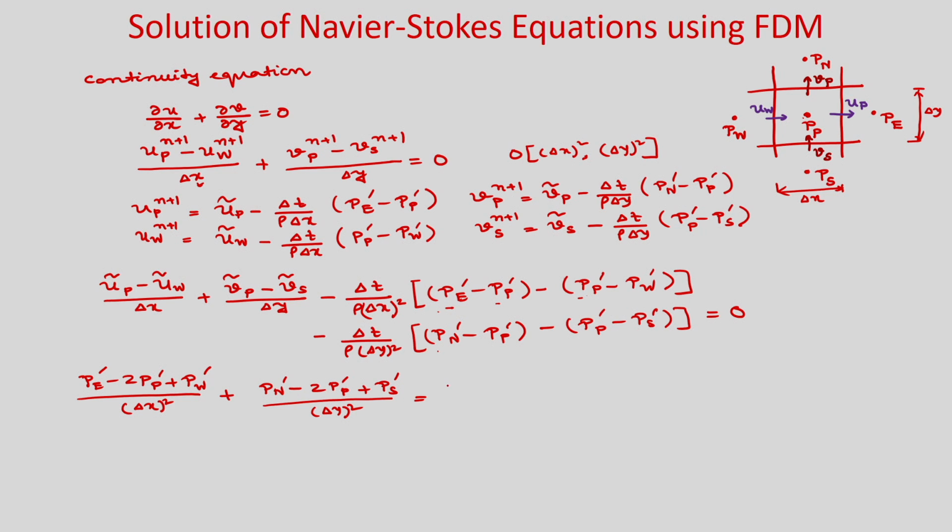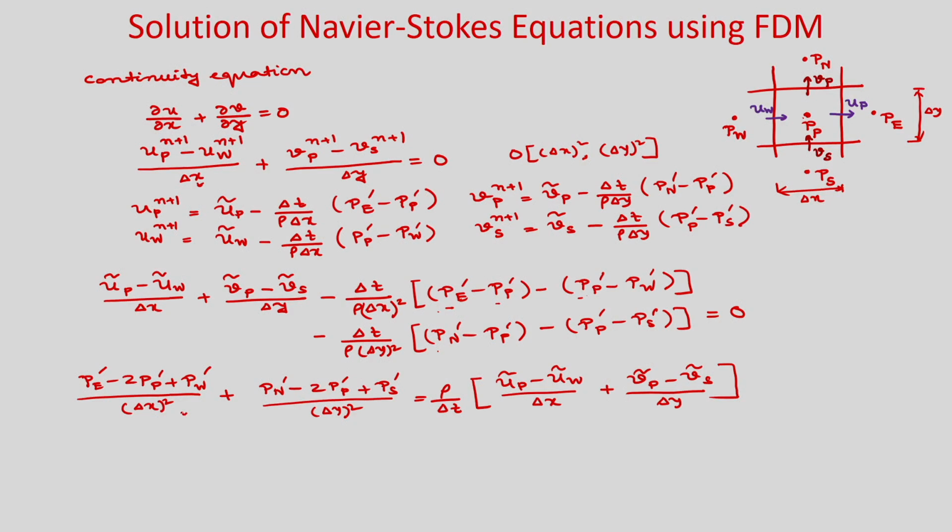So, you will get rho by delta t, (u_P tilde minus u_w tilde) by delta x plus (v_P tilde minus v_s tilde) divided by delta y.